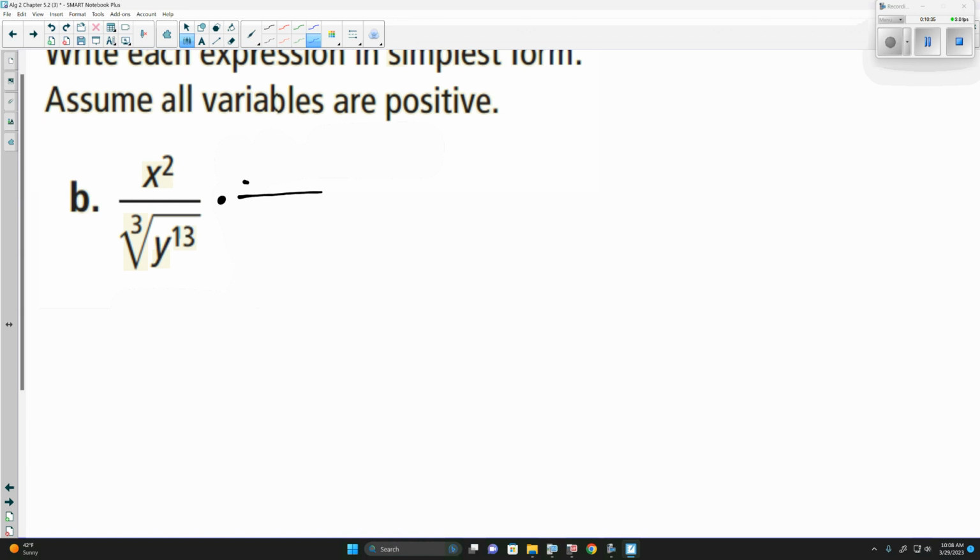But we will need to multiply the top and bottom by the cubed root. And since the only term in the denominator is y, we're going to need to multiply the top and bottom of this by the cubed root of y to a power. So really we're looking for what is the first number after 13 that will be divisible by 3.